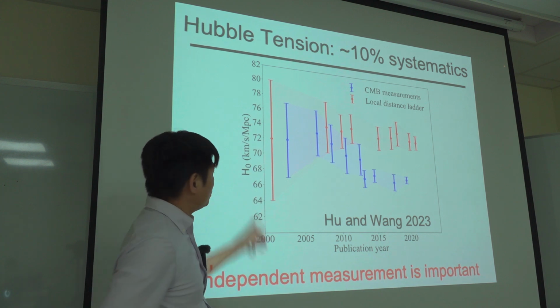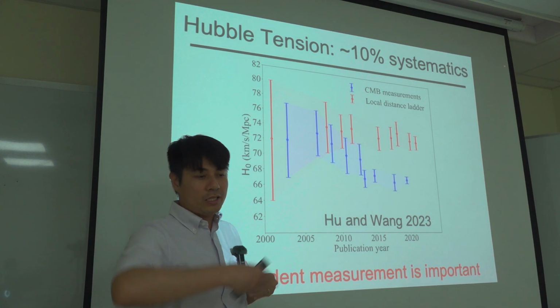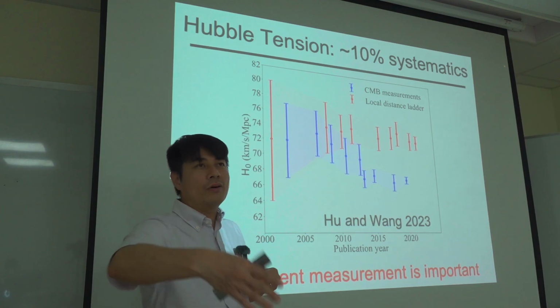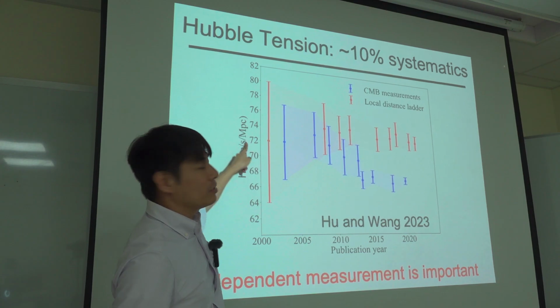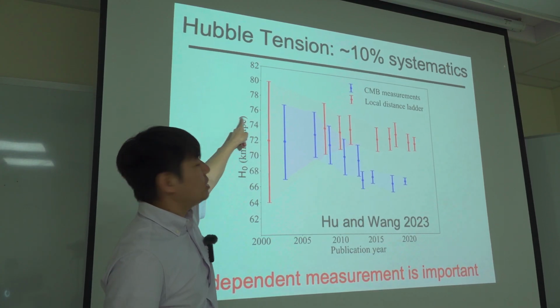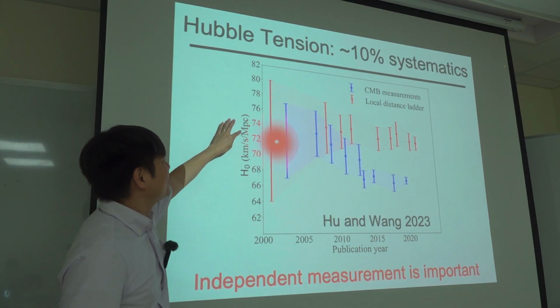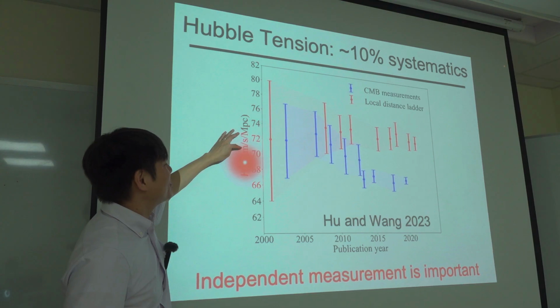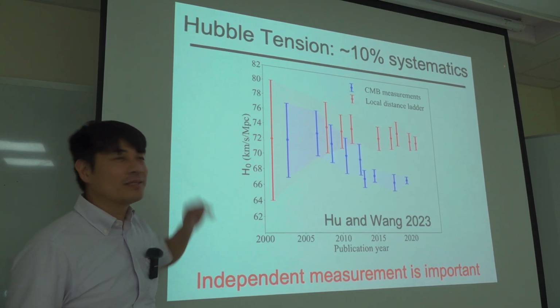This is the expansion speed, so you need to measure the distance in the universe, and also at a given distance, how fast it is expanding. To measure the Hubble constant, you need distance and velocity, two independent measurements.